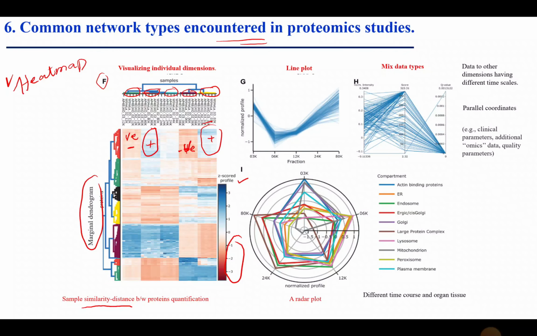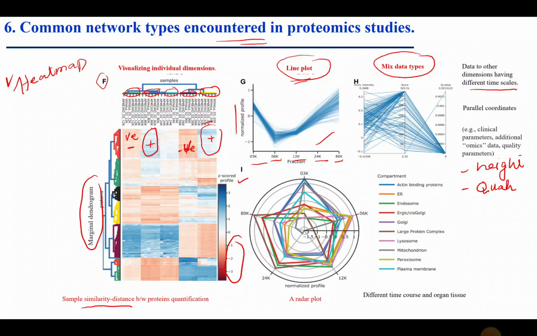Another way to represent your proteomics data is through these line plots. You can see here the line plots also show the normalized profile at different time points like 3K, 6K, 12K, 24K and 80K. Sometimes we come across a situation where the dimensions of different samples use different scales, like when we are dealing with different parameters, where one parameter we are measuring is height, and the second parameter is related to quality.